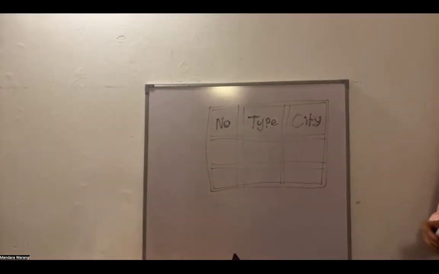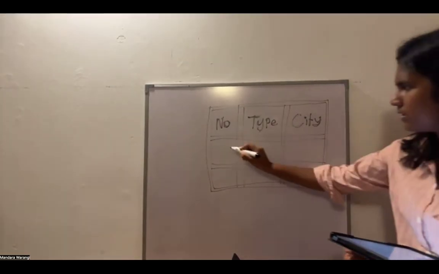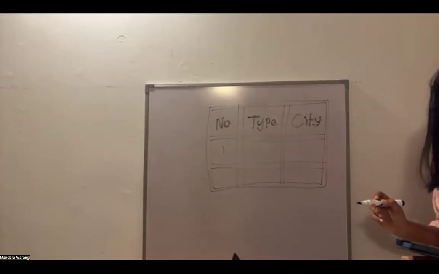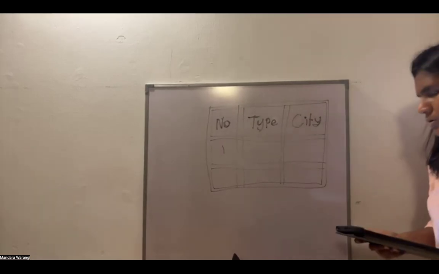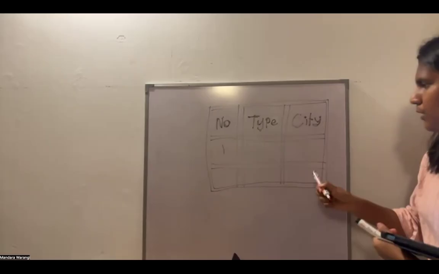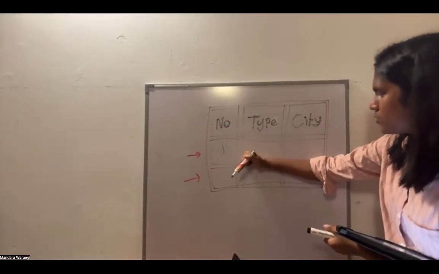And then the second row comes as 1. The second row is 1. Then there's a rowspan of 2. Rowspan means, Lamai, if you have 2 rows like this, they span into 1 row.